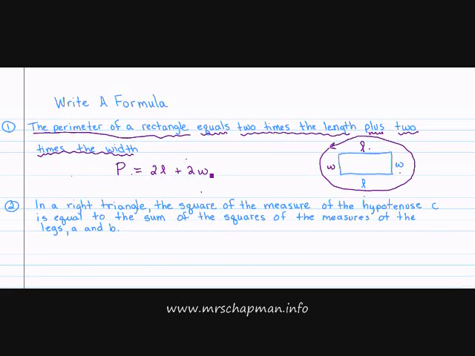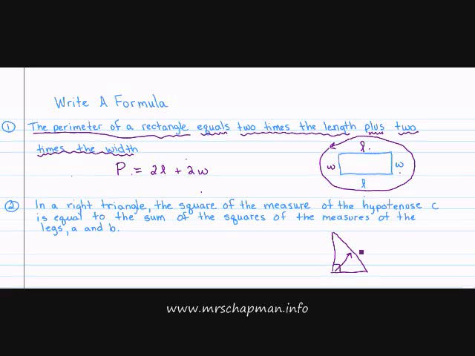In a right triangle. So I'm going to go ahead and draw a right triangle the best I can. Okay, seriously, pretend that's a 90-degree angle. Okay, in a right triangle, the square of the measure of the hypotenuse.